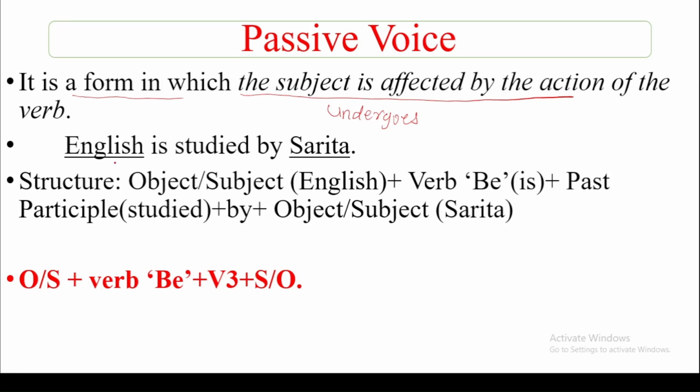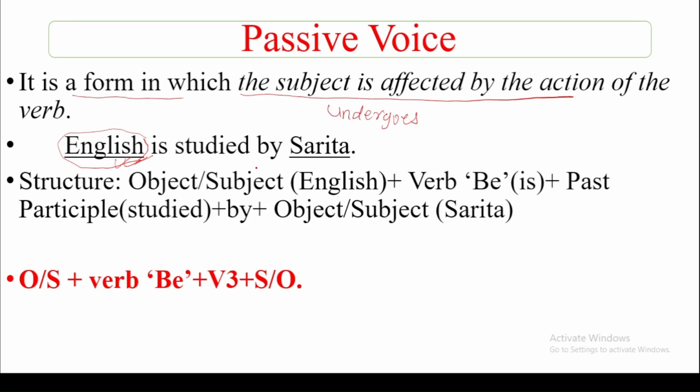Look at this example. English is studied by Sarita. It means English is given more focus, not Sarita. Sarita undergoes the action of studying English. So the focus is on the action, not on the subject. But in the active sentence, the focus was on the subject.